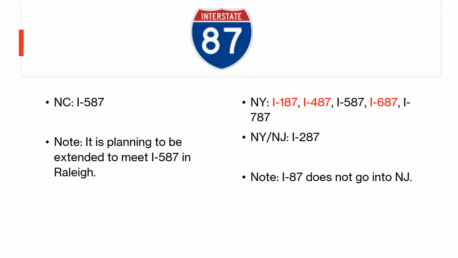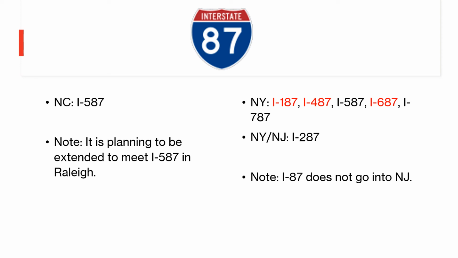And it is planned to be extended to meet I-87 in Raleigh. It's supposed to be I-87, not I-587 on the slide here. I know I made a mistake again. But hey, I'm letting you guys know ahead of time.